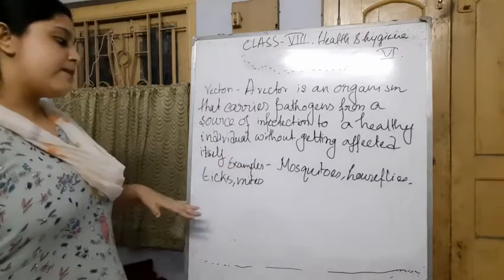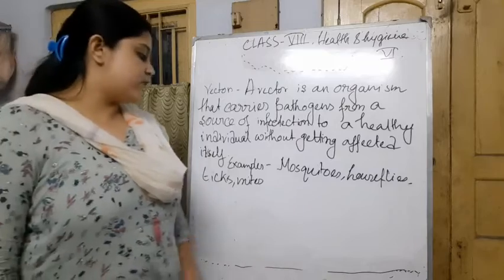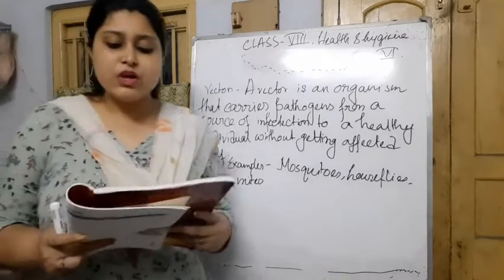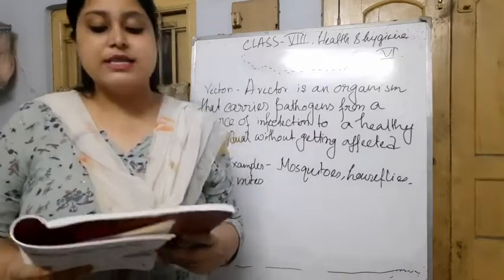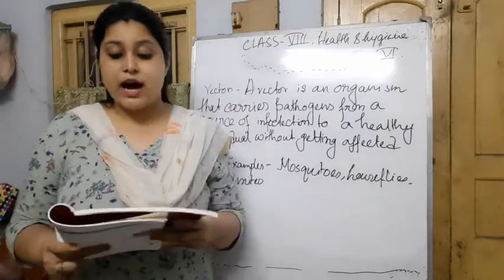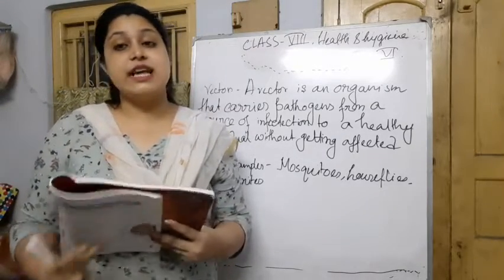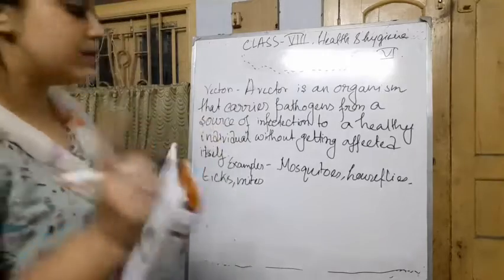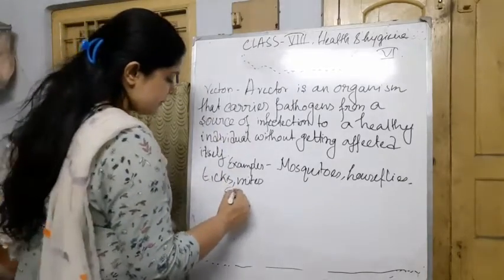What are the examples? Some mosquitoes, houseflies, ticks, mites, etc. Mammals such as rats and dogs are also vectors and spread dangerous infections.